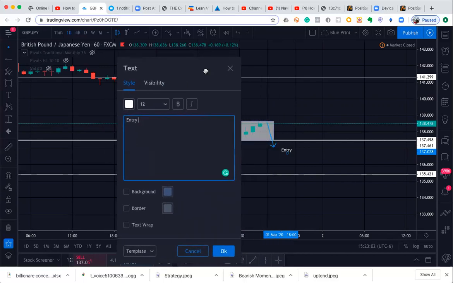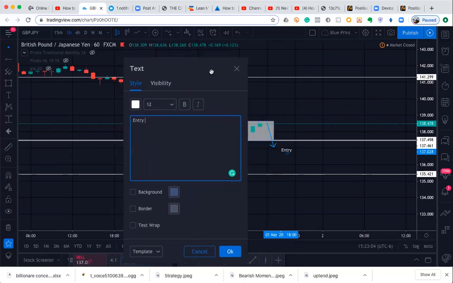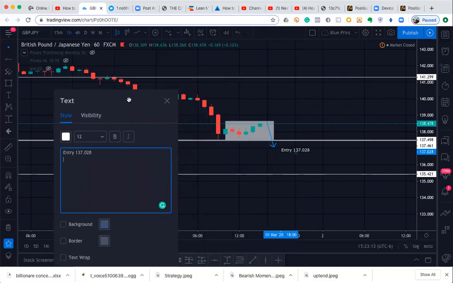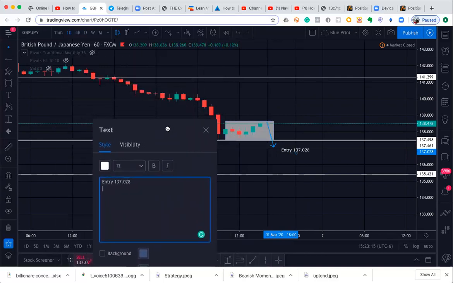We'll do entry at 137.028. We'll do a stop at 138.